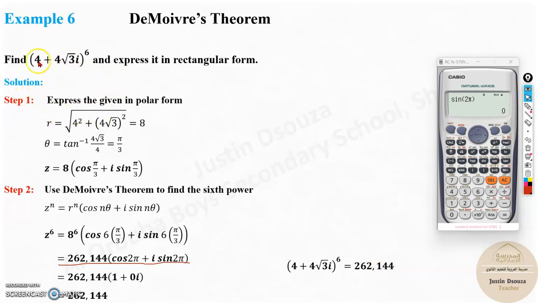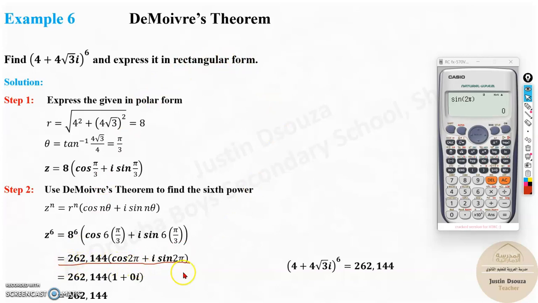Now, I'll quickly recall. First thing, you need to have the complex number in polar form. Only then can you apply DeMoivre's theorem. So step 1 would be to convert this to polar form. Once you have done that, apply the formula, DeMoivre's theorem, and then you can simplify it. Now, they have told us to get it in rectangular form.